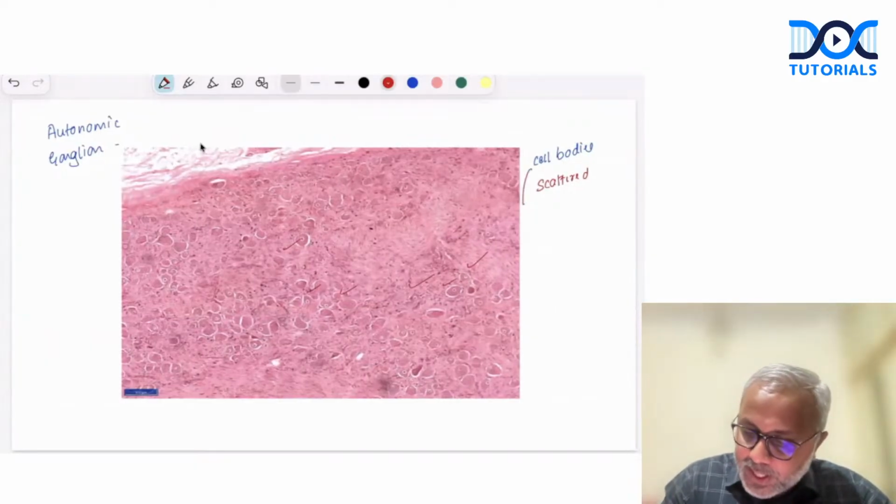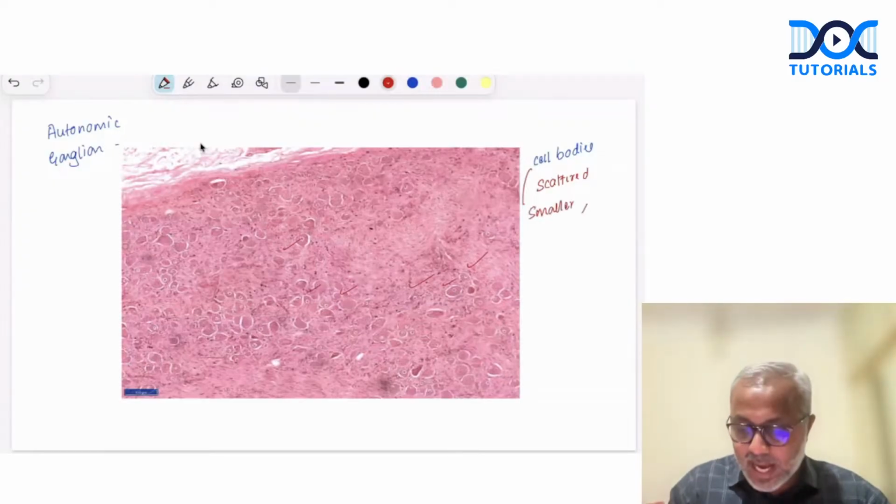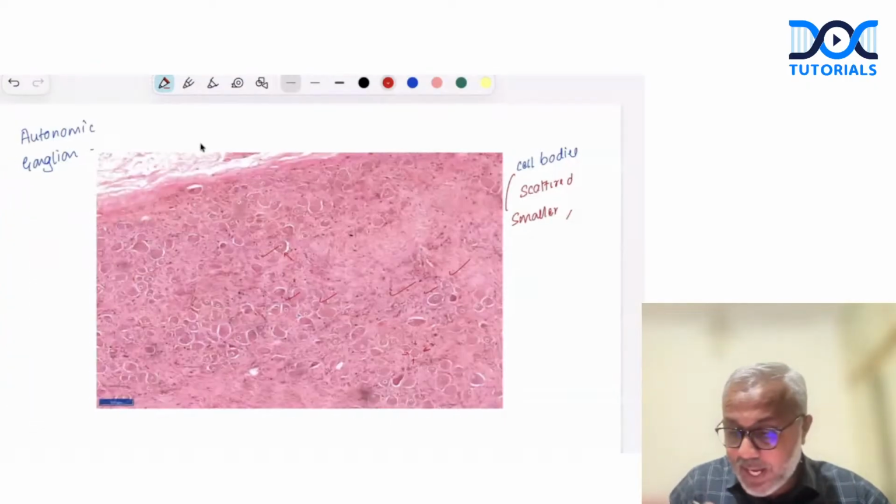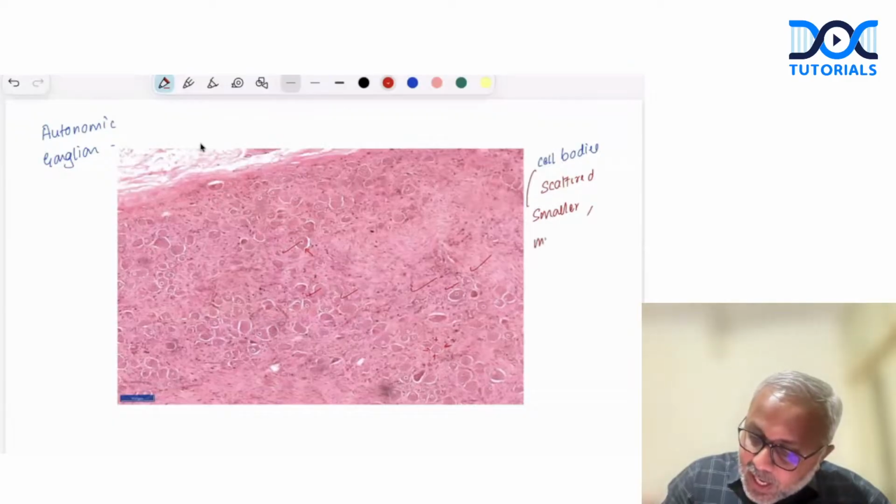Now these cell bodies appear smaller, right? And if we closely observe, we can see projections arising from them. See, they have spine-like extensions. Why? Because these are multipolar neurons.